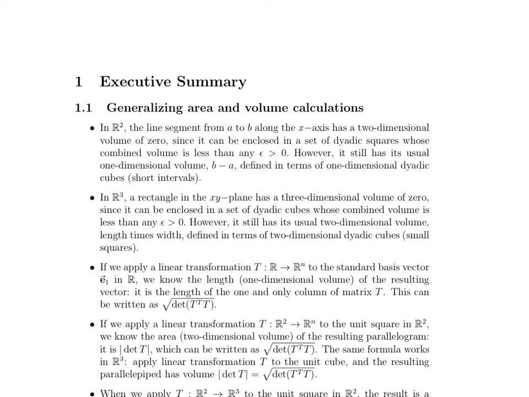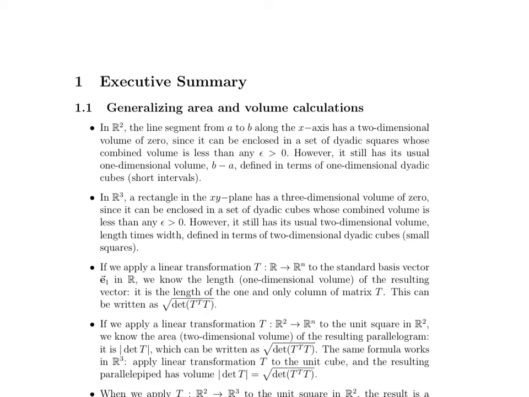Note that the technical, more rigorous definition of this is saying that it can be enclosed in a set of dyadic cubes, because those are the units for which we compute 3-dimensional volume. It can be enclosed in a set of dyadic cubes whose combined volume is less than any epsilon, right? We can take these 3-dimensional cubes and capture that flat 2-dimensional object in a lot of them, but we can make those cubes as small as we like.